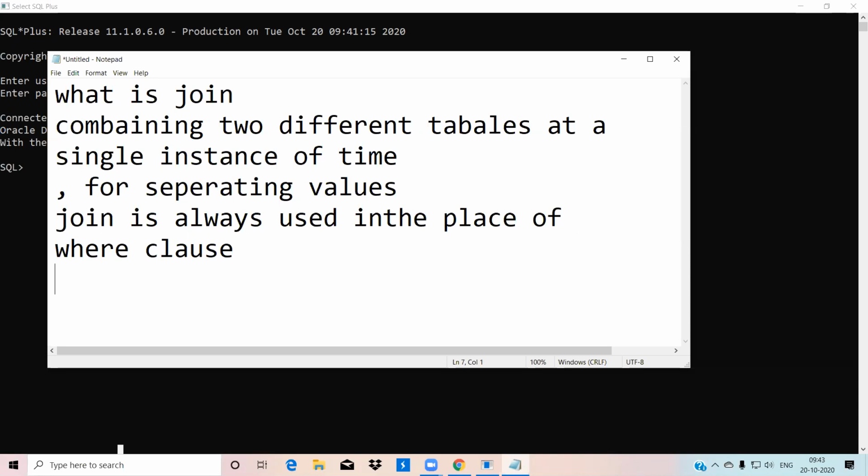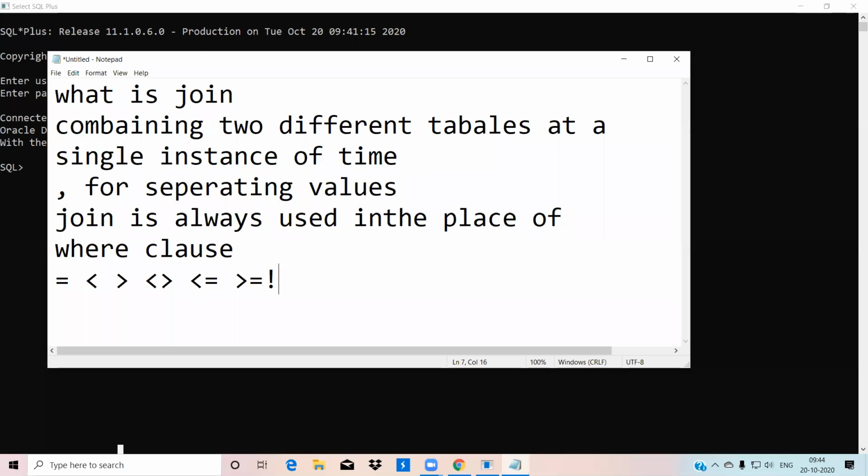The different ways we can use joins: by having equals, lesser than, or greater than, or also with not equals. Less than or equals also we can create a join. Greater than or equals also we can create a join.